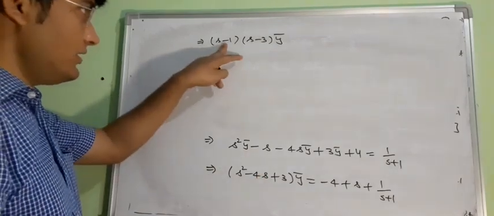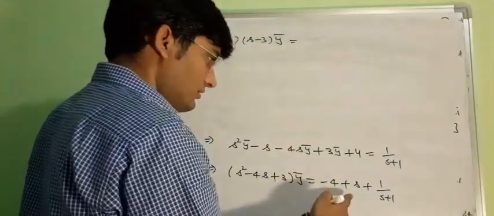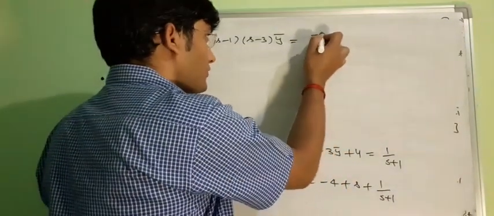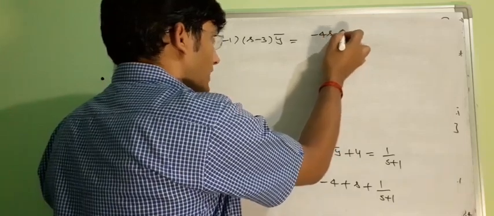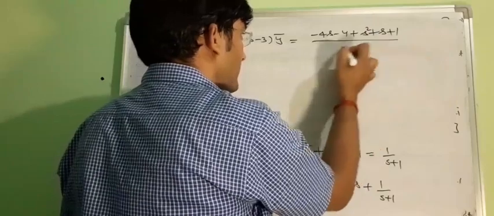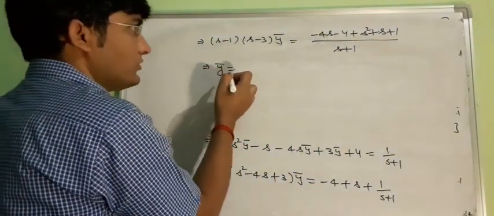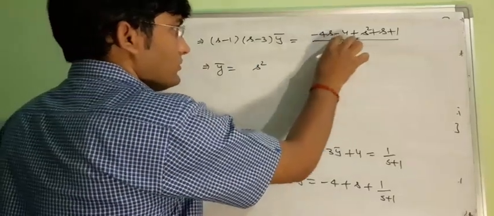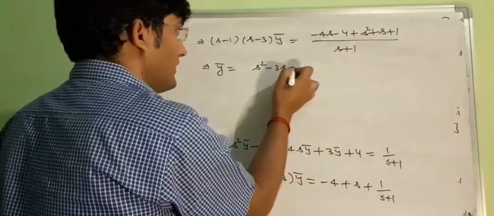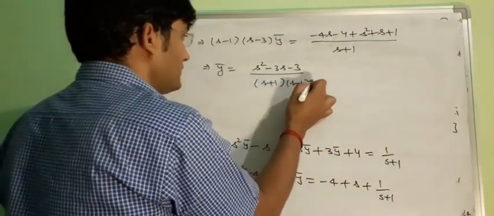Now in the right hand side, let us take the LCM. So we will have minus 4s minus 4 plus s square plus s plus 1 divided by s plus 1. So our y bar will be equal to s square minus 3s minus 4 plus 1 will be minus 3, divided by s plus 1, s minus 1, s minus 3.